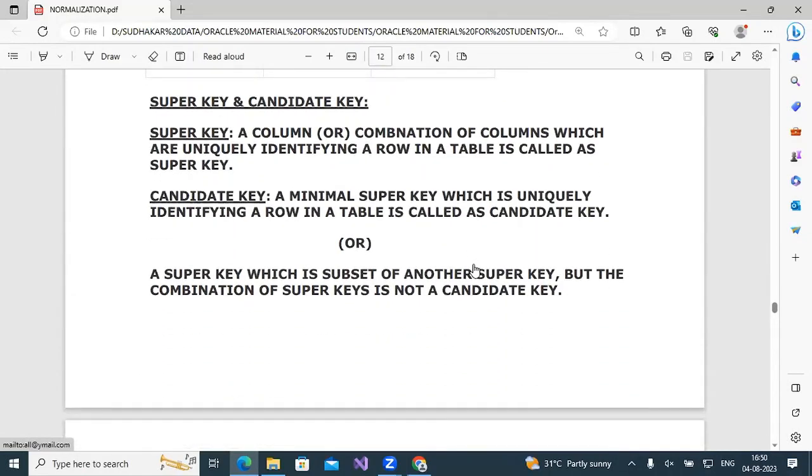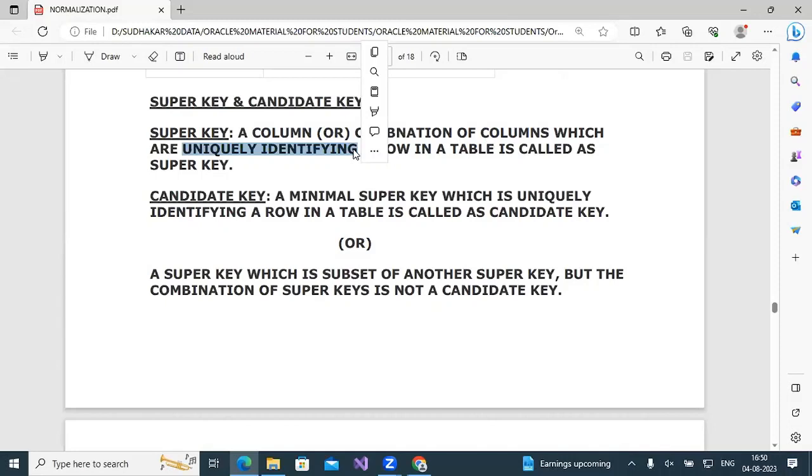Super key and candidate key. Which type of column is called a super key column? A column or combination of columns, it means either a single column or a combination of columns, which uniquely identifies a row in your table, then that is called a super key.